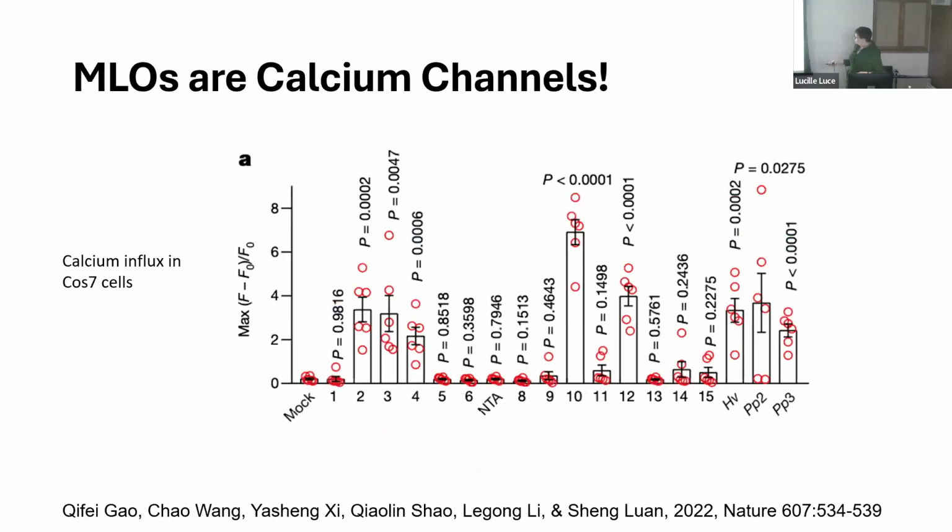And Sheng Luan's group in 2022 tested the hypothesis that maybe MLOs are actually calcium channels. And so they took all 15 Arabidopsis MLOs, expressed them in COS7 animal cells, and they found some of them could conduct calcium, but Nordia couldn't, and MLO1 couldn't.